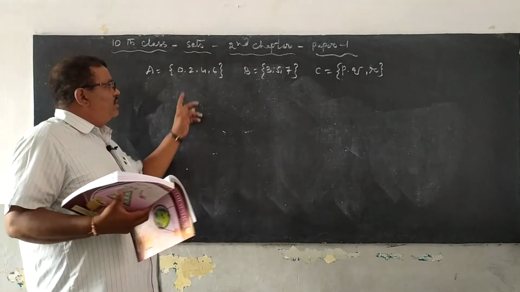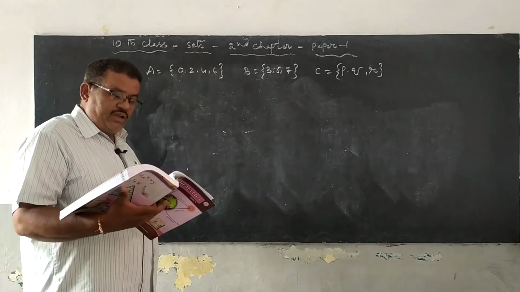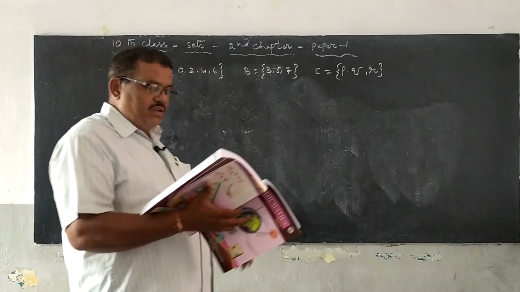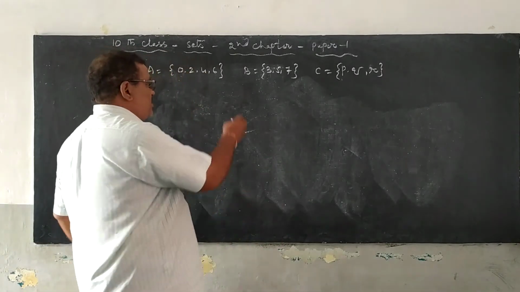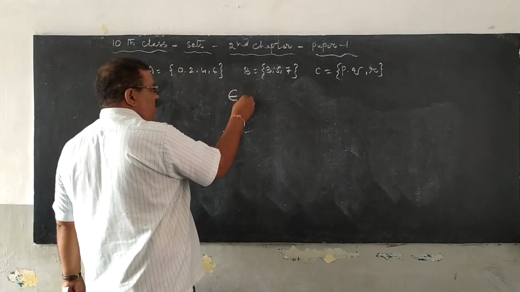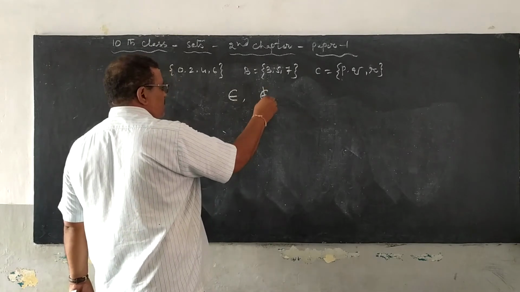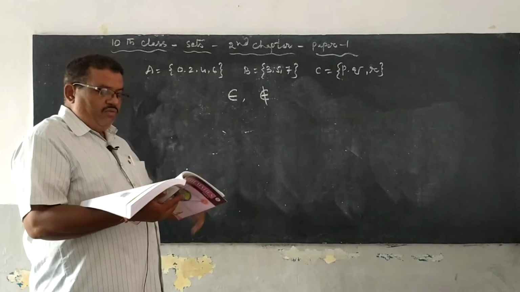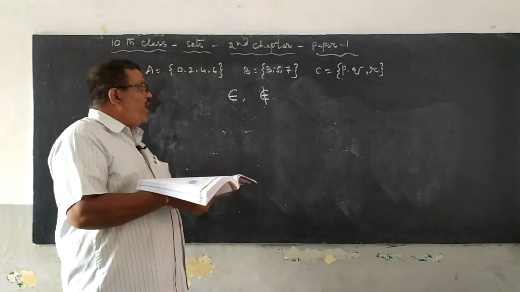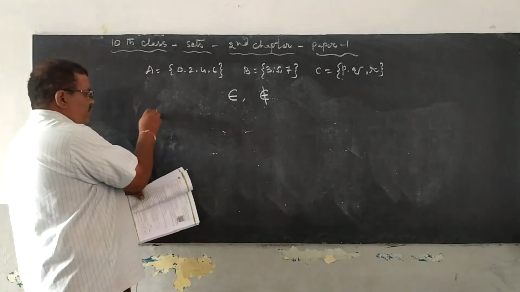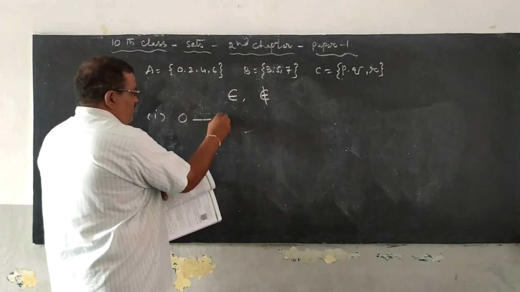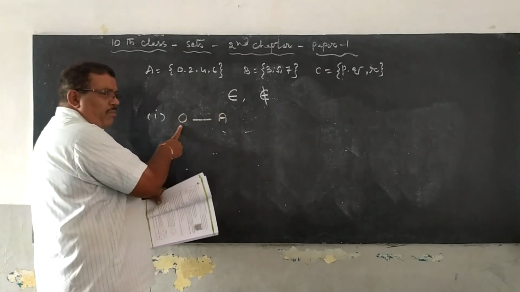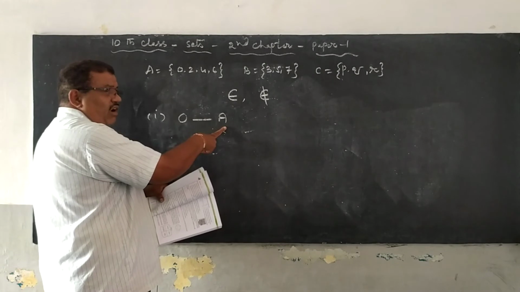So now what do we have to do? Fill in the appropriate symbols, belongs to or does not belong to, in the sets. These are the symbols we have to use to fill the answers. 0 and A, first question. That means is 0 a member of set A or not?